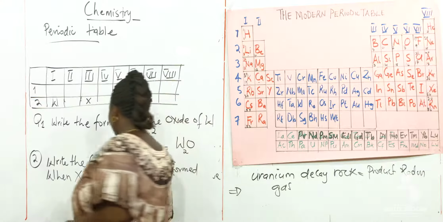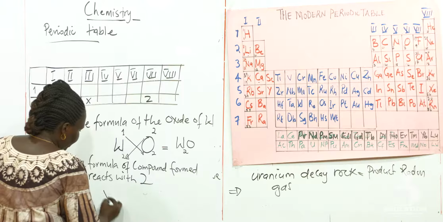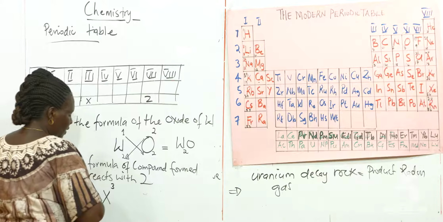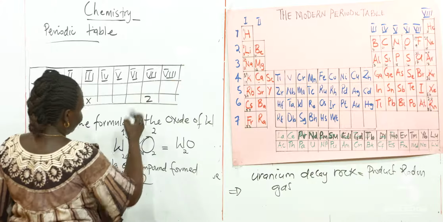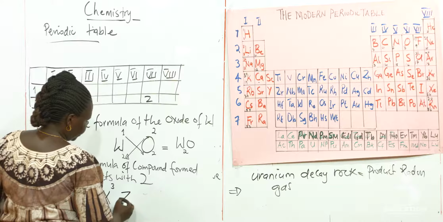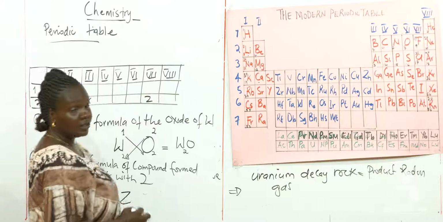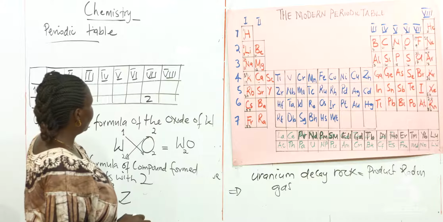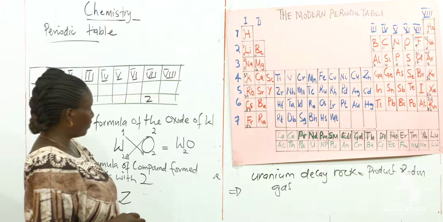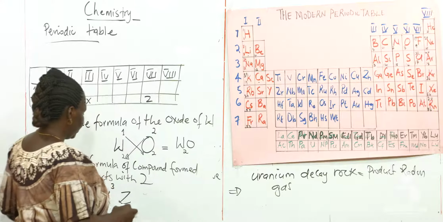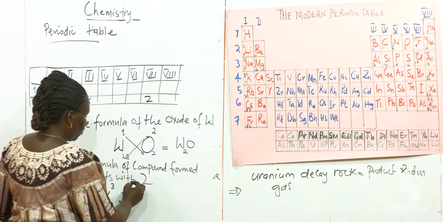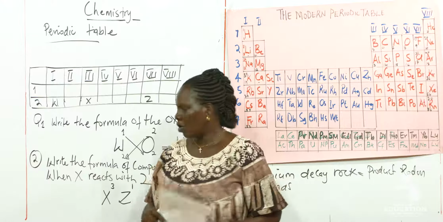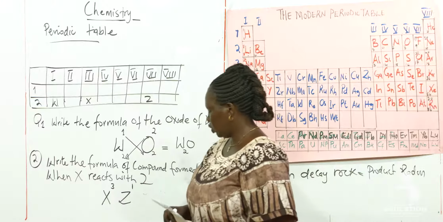X is in group 3, which means the valency of X is 3, and Z is in group 7. The valency of Z will also be what? 1, because Z wants only 1 electron to attain the noble gas configuration.